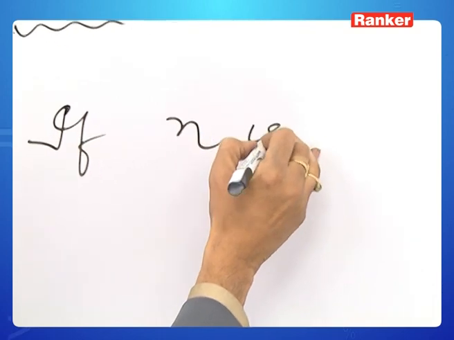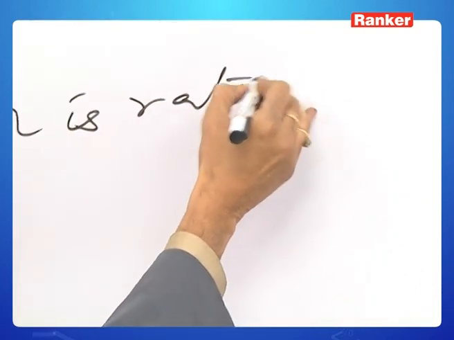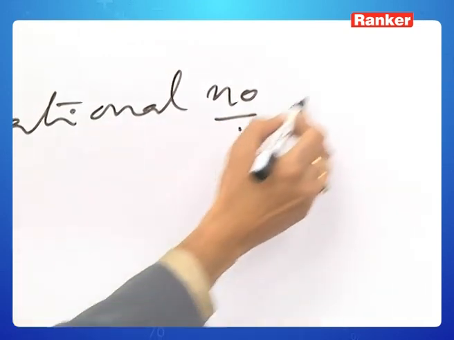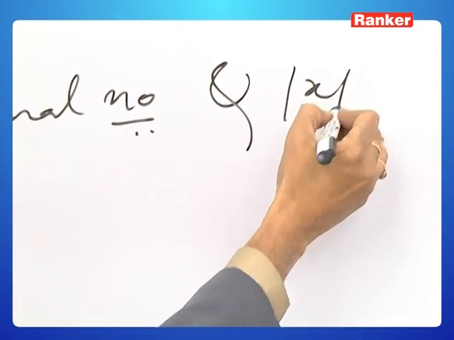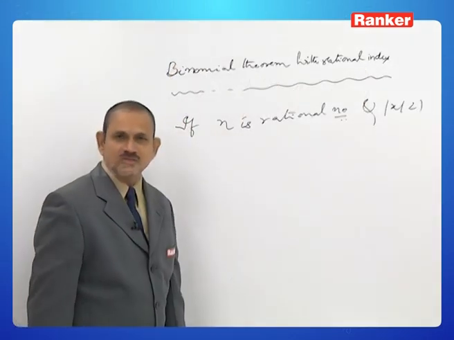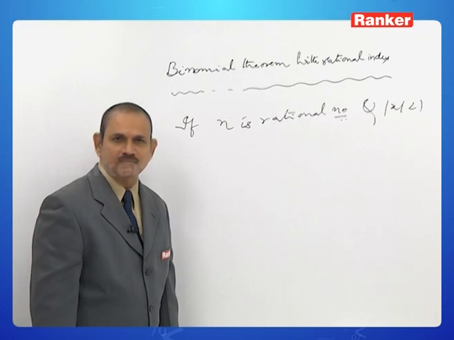n is a rational number, and mod x is less than 1, that is, minus 1 less than x less than 1.